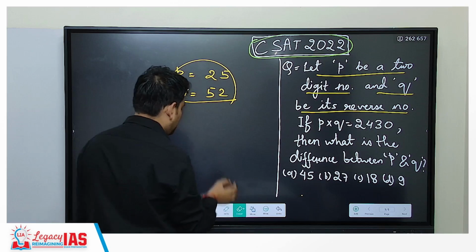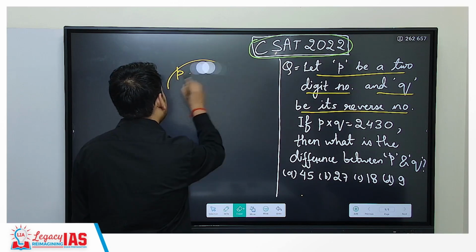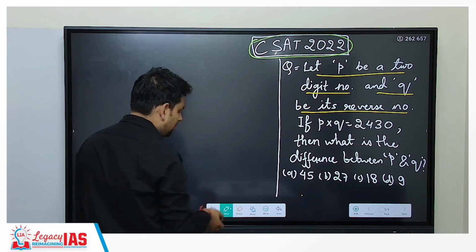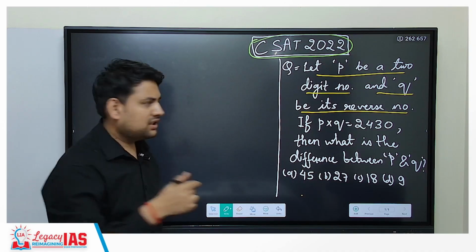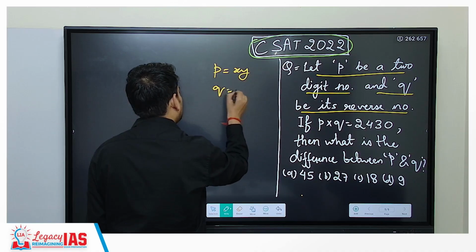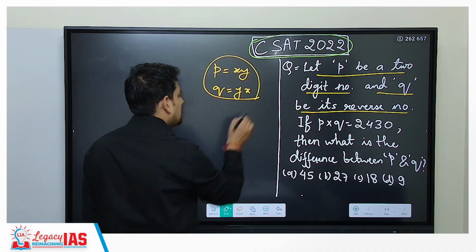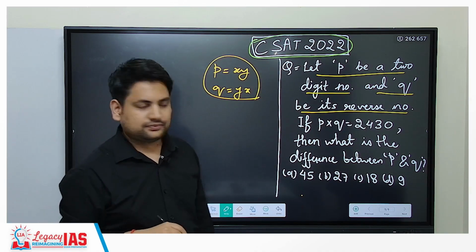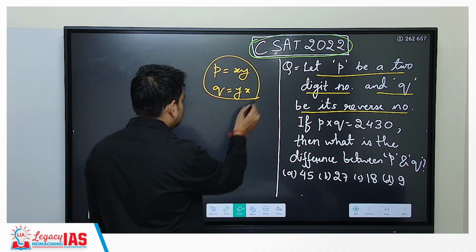Correct? So if P is any number, then Q would be its reverse. In general form, if P is xy, then Q would be yx. Now what we need to do, look here.